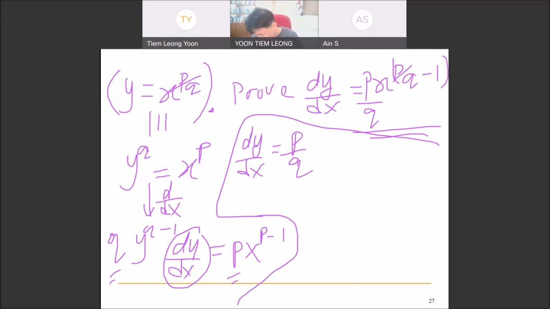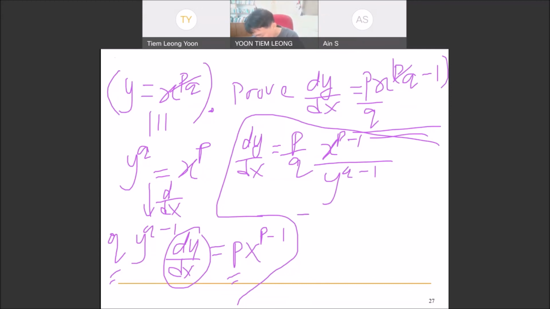Then the right-hand side would have x^(p-1) divided by y^(q-1). Okay, so you just have to be a little bit careful to interpret the y to the power of q minus 1. Okay, so let's see how you do that.